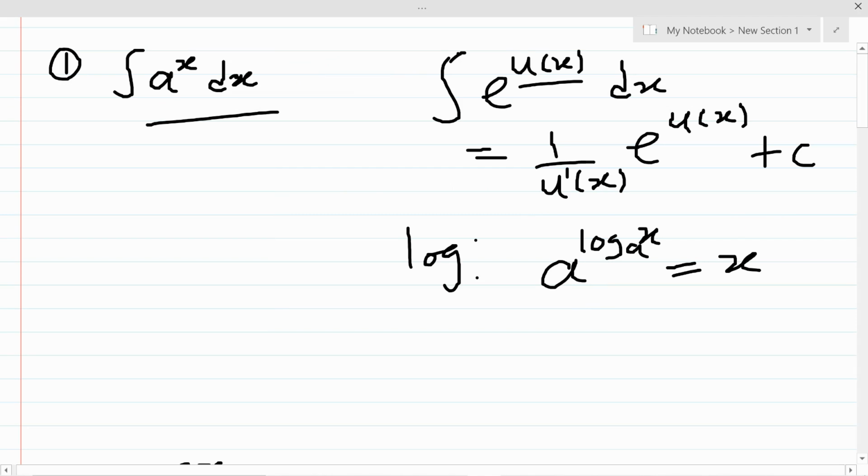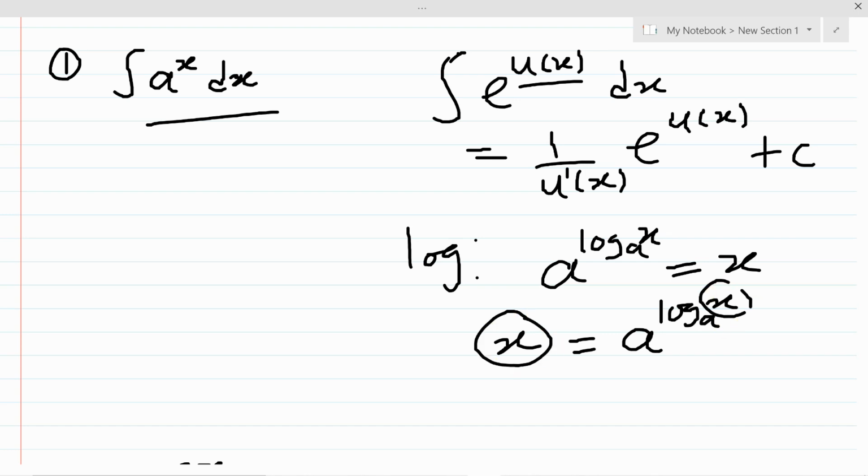If I have x, then this x is the same as a to the log x base a. If I have 2, it is the same as 5 to the log of 2 base 5. So far as the bases are the same, this is true for logarithms.